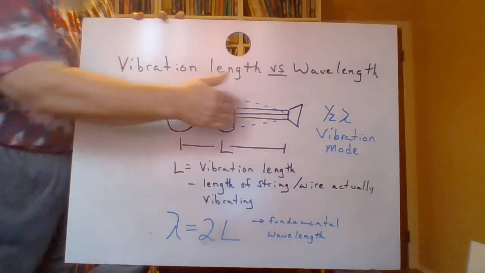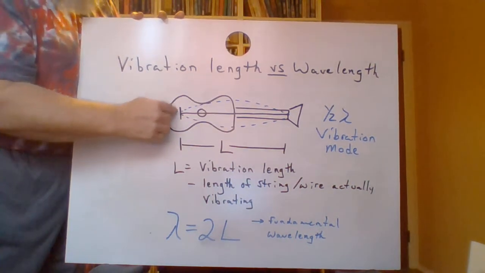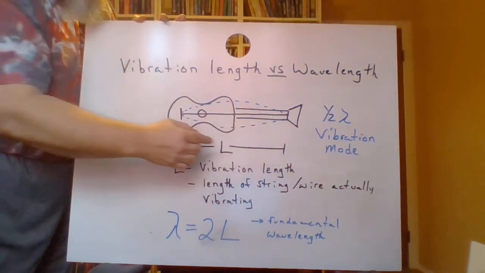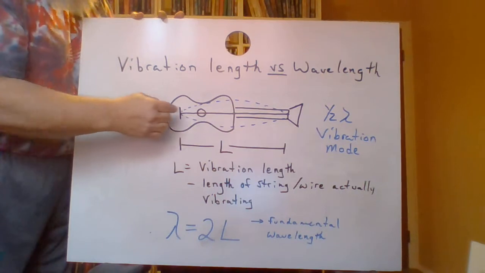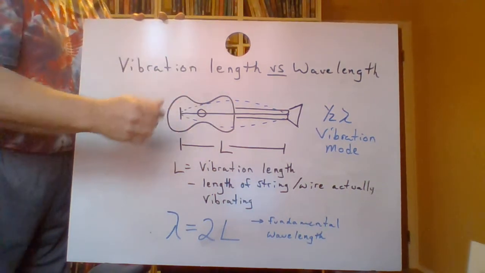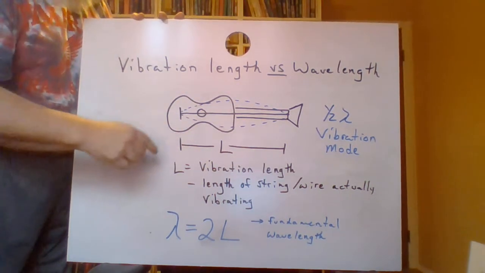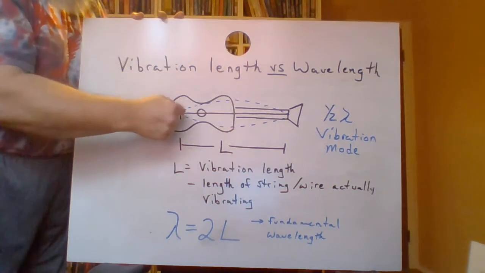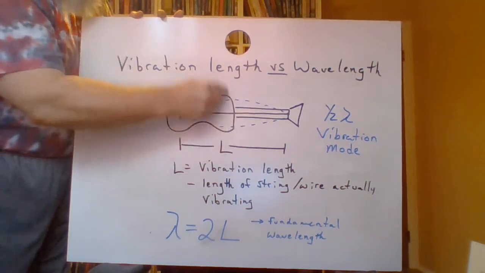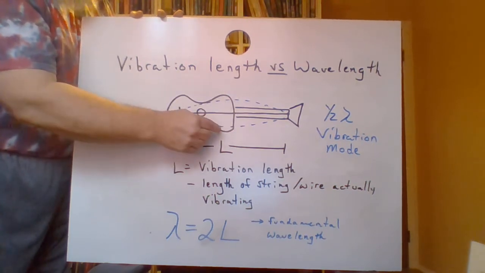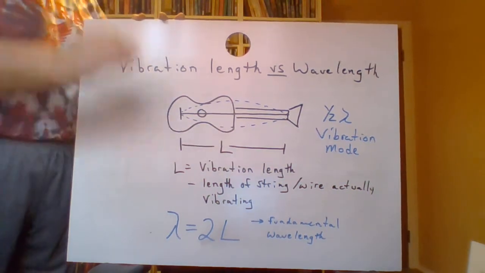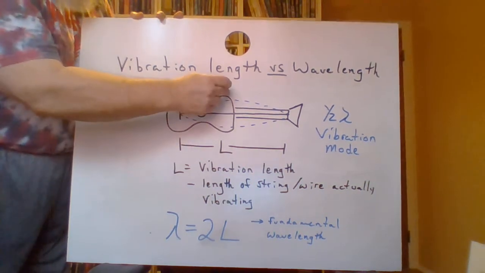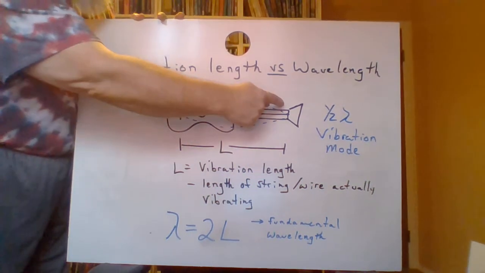Okay, so here's our guitar, and here's the bottom attachment point. Here's the top attachment point at the end of the fretboard. Okay, and when you pluck the string, when you flick on the string, it will naturally vibrate like this. You see it going back and forth. Okay, that is a half wavelength because here's a node, here's the antinode, and there's the node.